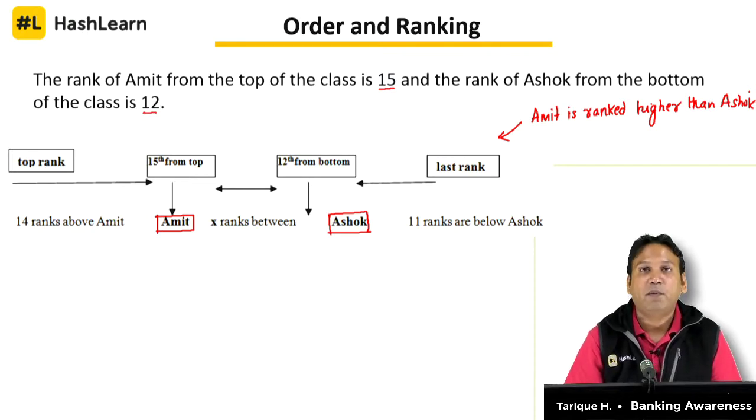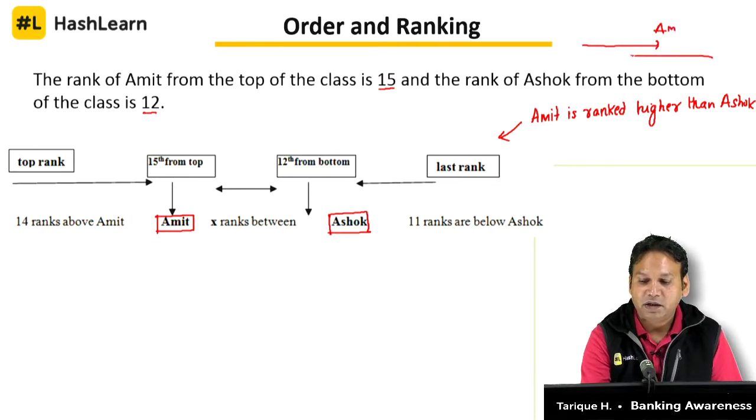Rank of Amit from the top is 15 and rank of Ashok from the bottom is 12. It is not necessary that Amit will be ranked higher than Ashok. Clear? It could be that Amit is this side and Ashok is this side, and Ashok's rank from the bottom is 12 and Amit's rank from the top is 15. This could also be possible, right?